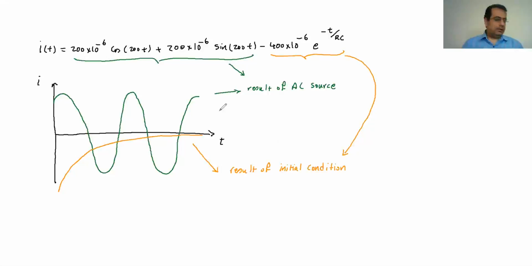You can add them together, or in this case subtract them, to get the eventual solution for whatever happened in the system. This one is going to stay in the system as long as the source is connected. This part is going to fade away very quickly.